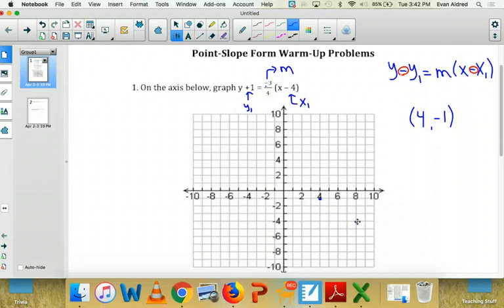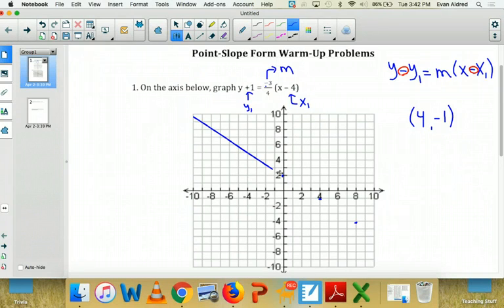Our second point, well, we can't go down 3 and to the right 4 from the point we just made. So we go back to our original, and instead of going down 3 to the right 4, we go up 3 and to the left 4. And that puts our other known point at 2 on the y-axis, which is our y-intercept. Once we're happy with our plotted points, we take our ruler, we line it up so that it's going to go through all 3 points nicely.